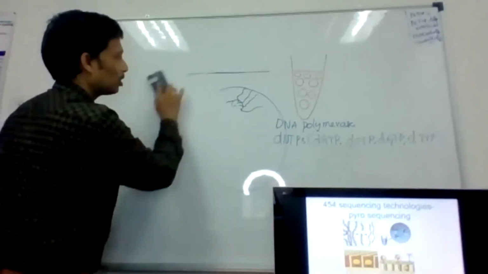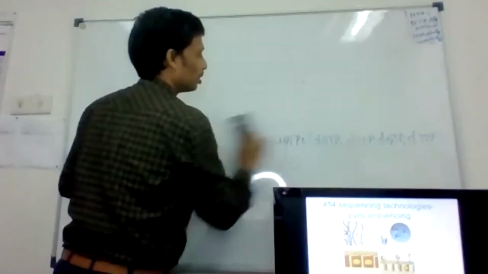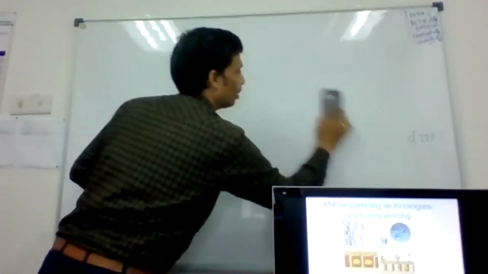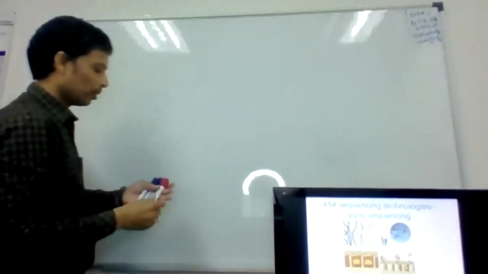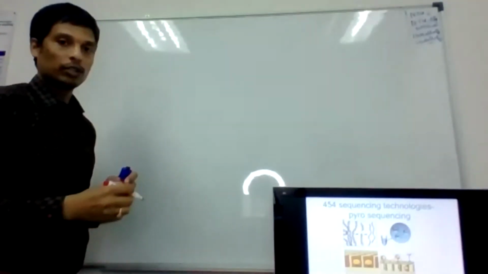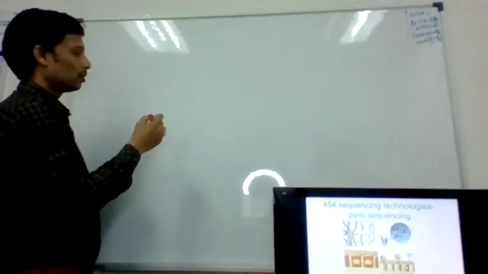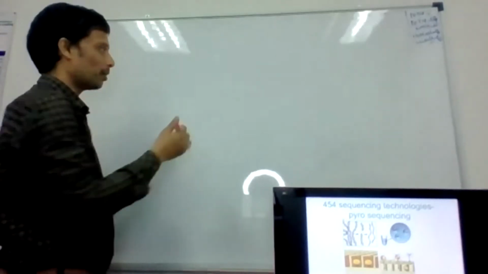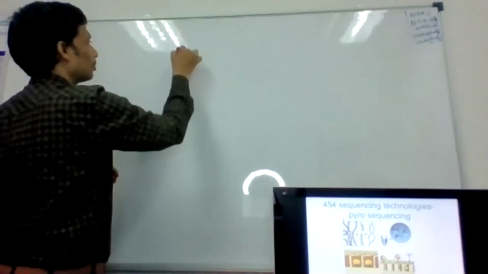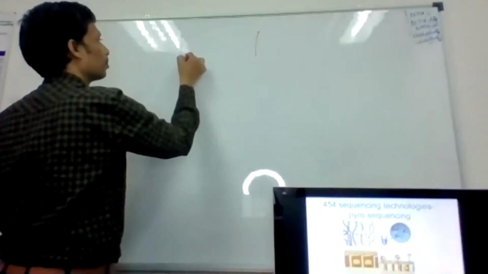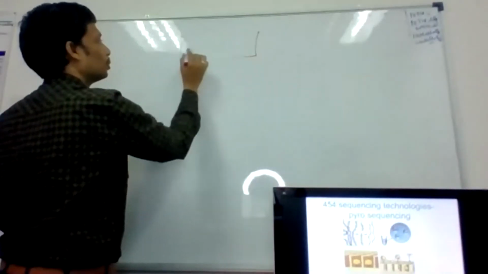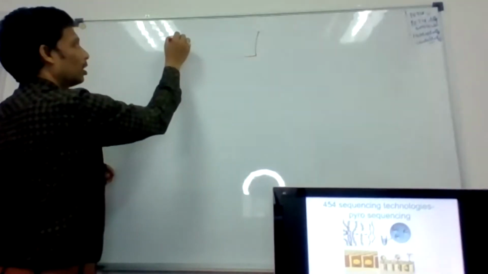Then the third step of pyrosequencing. In the third step, you will have a microplate, a chip kind of thing, with a few layers on it.